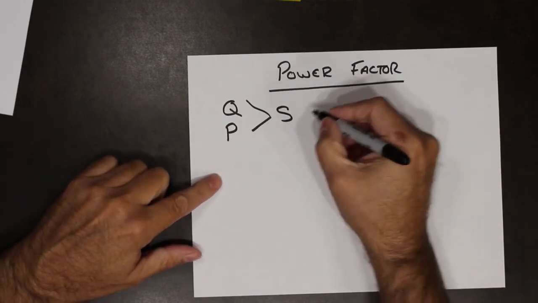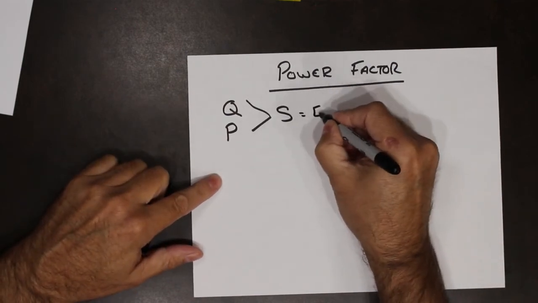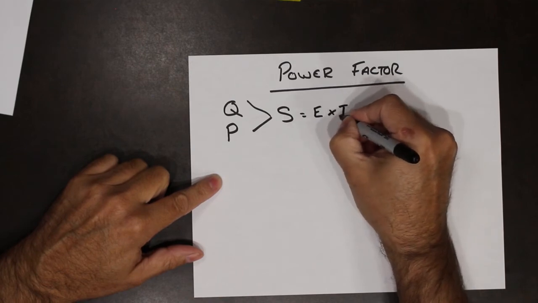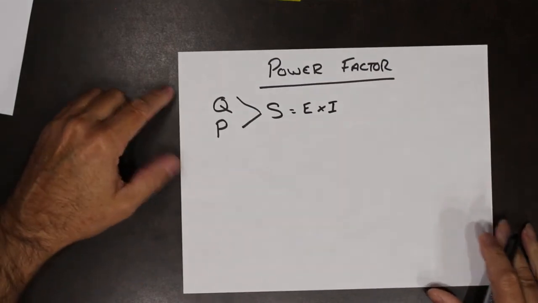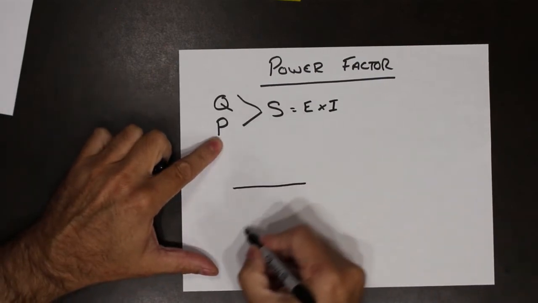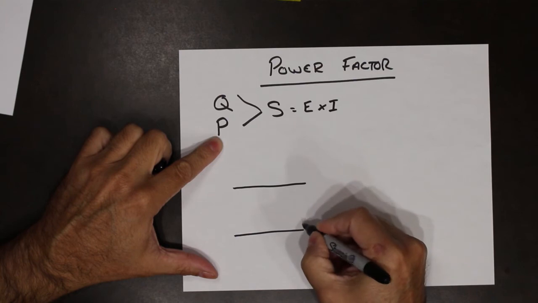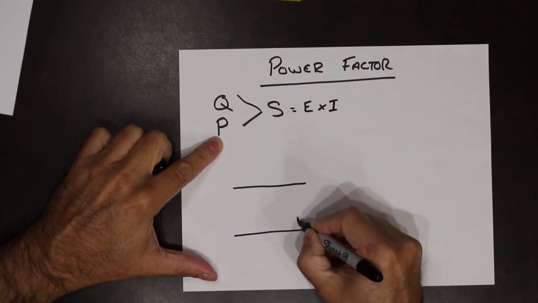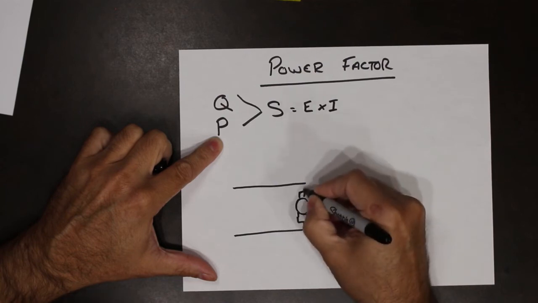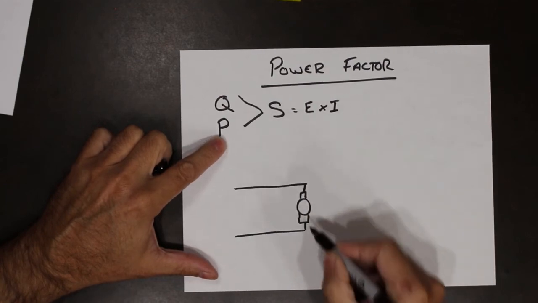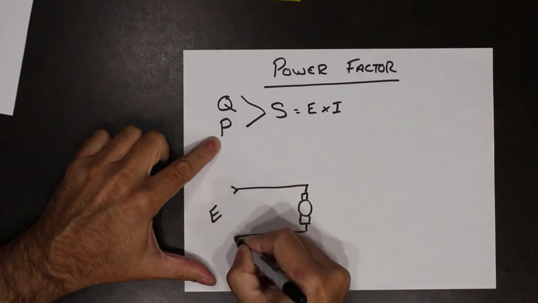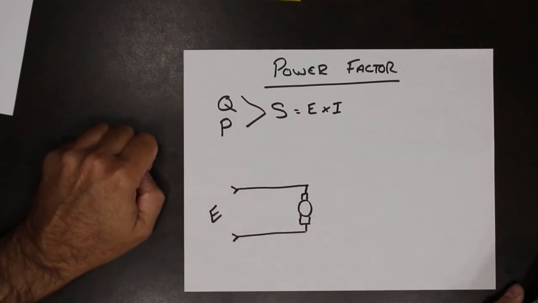So, we know that apparent power is made up of the voltage that is sent and the full current that is sent. So if we were to examine a motor in a factory, so we've got a machine and there's a motor in the factory. So we've got a voltage that is being sent by the hydro company.